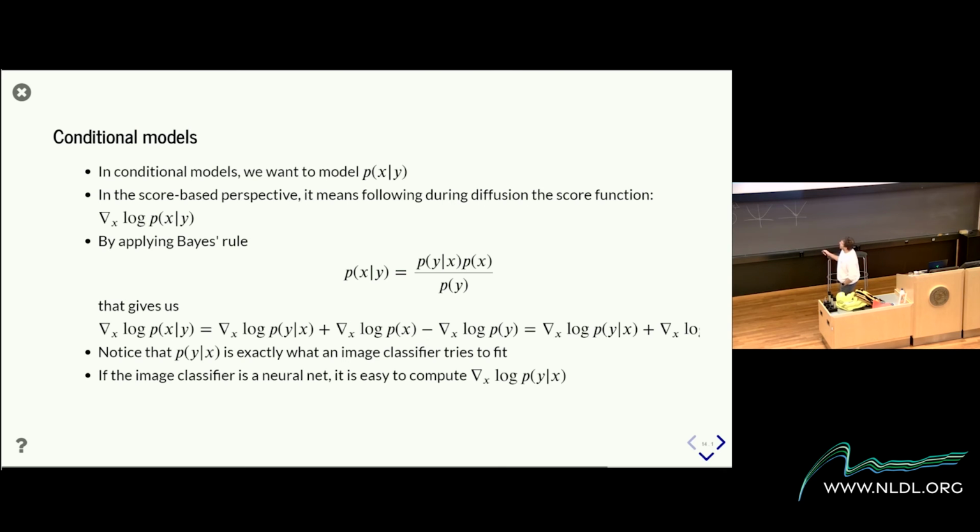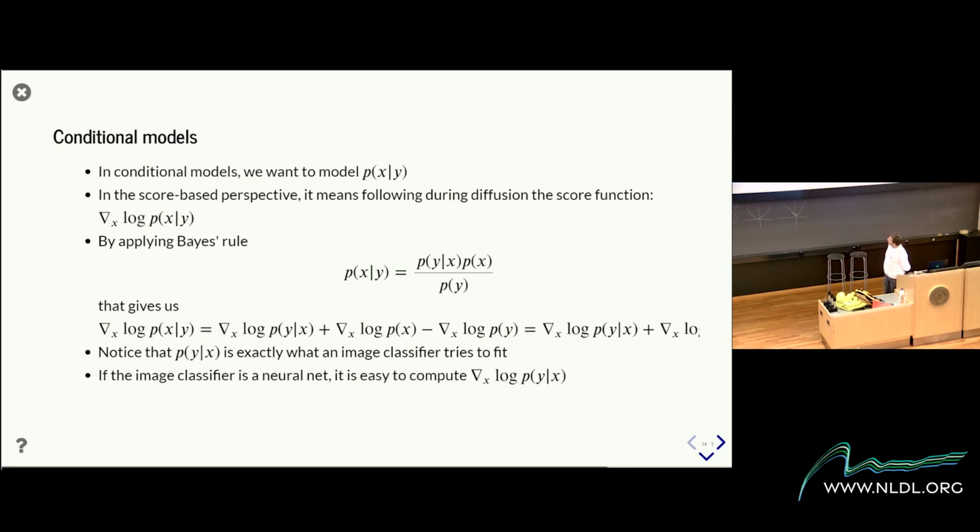The logarithm means that if we have a product, things get summed up and division turns into subtraction. And then when we apply the gradient, this term goes away because it does not depend on x. So we are left only with these first two terms. Now the screen is cutting the second part, but basically after here I just have these two terms. This one goes away.